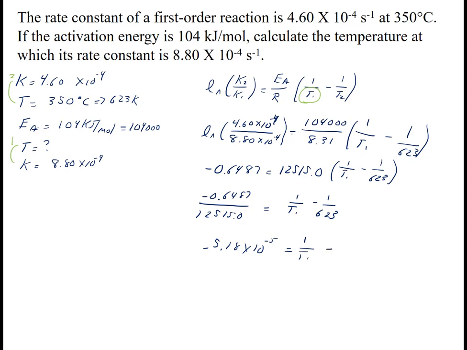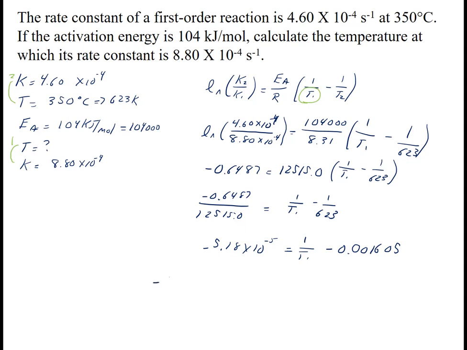Now I'm going to take this 1 divided by 623, and I get 0.001605. Okay. Now to isolate this fraction, I'm going to add this 0.001605 to both sides.